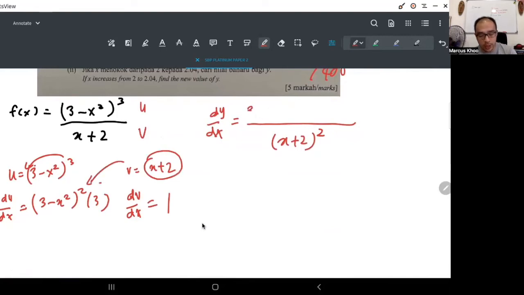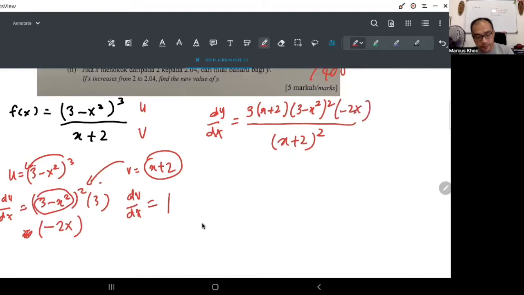So 3 times (x plus 2) times (3 minus x squared) to the power of 2. Oh, sorry. I still have to differentiate the inside, right? There's a negative 2x also. Yes, sorry, I forgot to differentiate the inside. I just differentiated the outside.